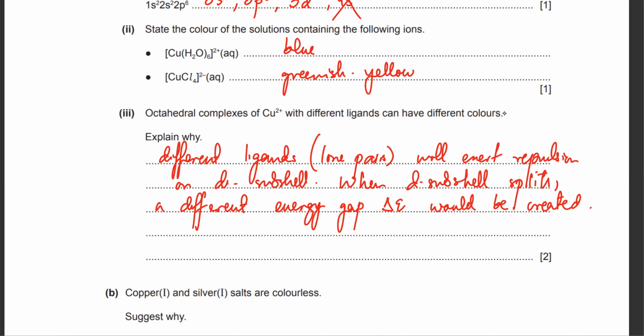So when electrons move from low energy d orbitals to high energy d orbitals, a different frequency would be absorbed since E is equal to hf. So you're going to write that. Is that clear? Yes. So you can complete that.